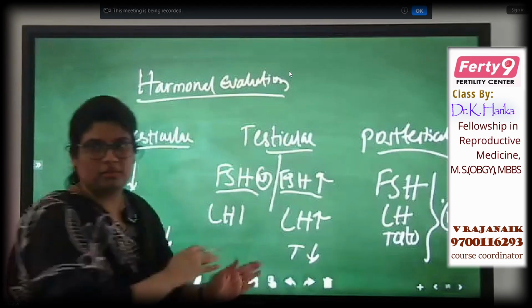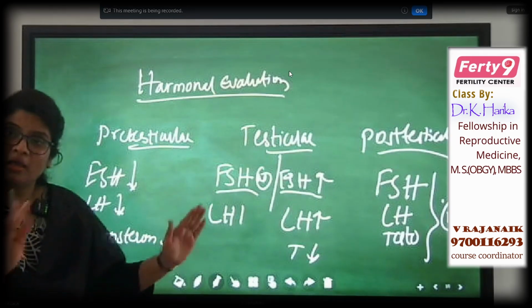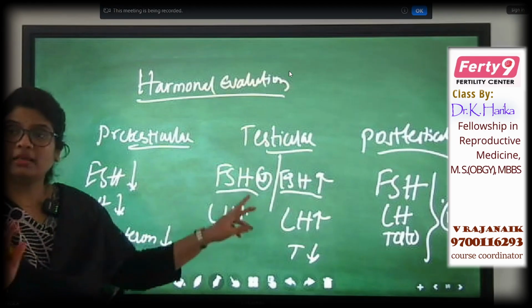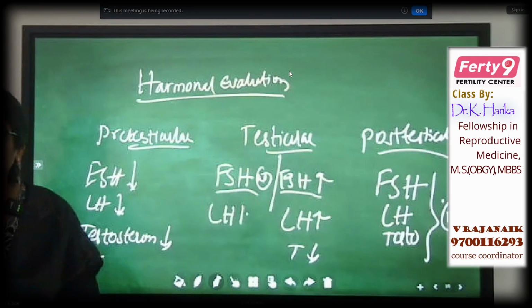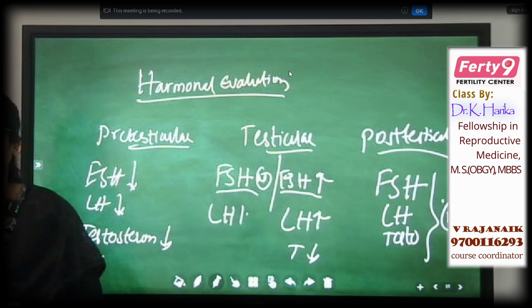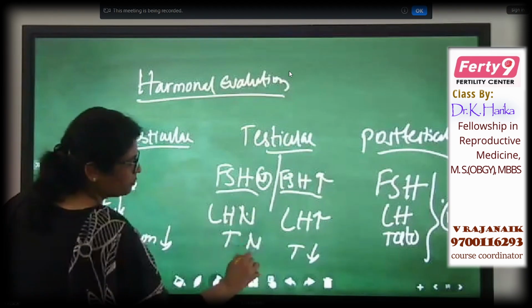But at the extreme, Sertoli cells are there, Leydig cells are there, FSH is acting, LH is acting, and testosterone is normal. The only problem is with the spermatogenesis pathway. Meiosis, everything will be there, but there is some pathology with the staging. So here LH will be normal, testosterone will be normal.